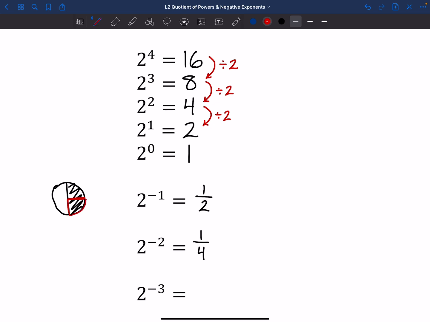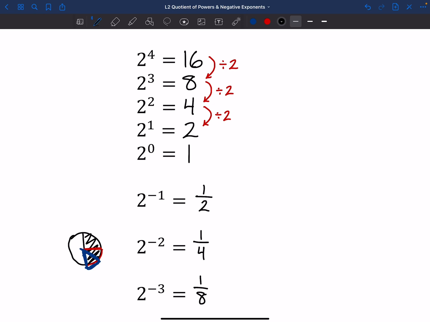So that's where we get that. Moving on down, if all I had was a fourth and I split that in half again, and all I've got is this piece right now, that is 1/8. So we're dividing by 2 again. So when we get into negative exponents, we end up having fractions actually.